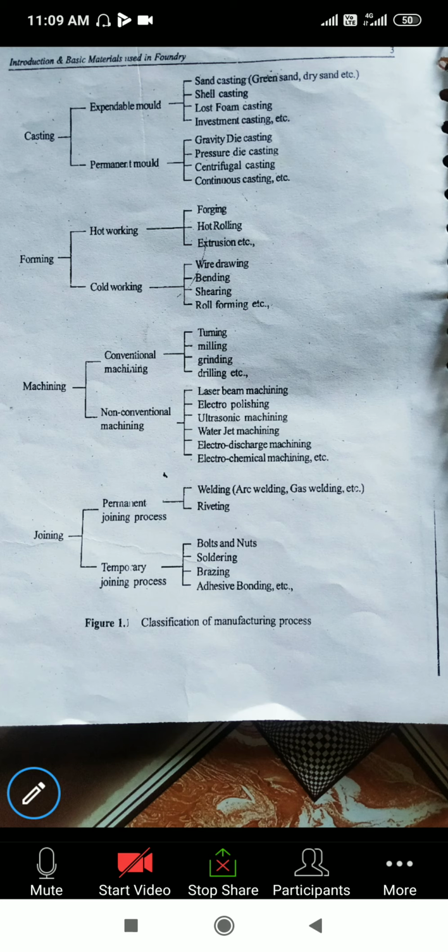Now next is cold working. Cold working is a procedure in which the workpiece doesn't go under any kind of heat treatment or high temperature.